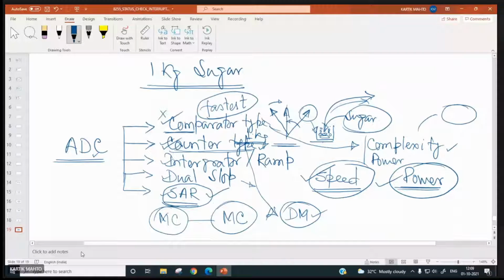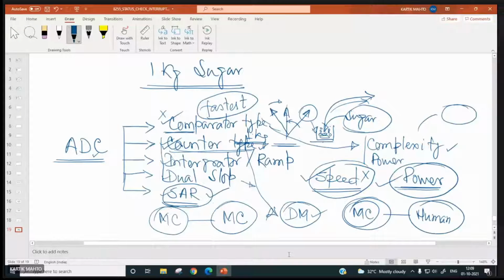Because in these other types, machine to human is there, and when machine to human is there, then speed is redundant for you. Are you understanding what I am saying?